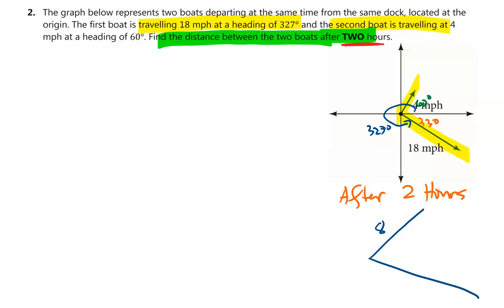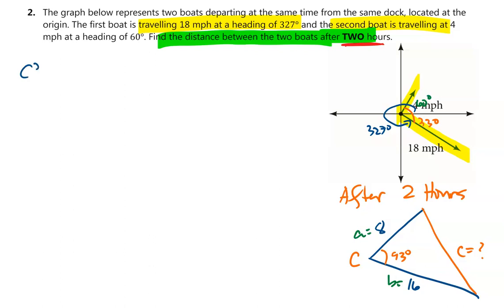Then here, instead of 18, that's going to be 16, and we want this. Let's say this is our C. So this angle C is 60 plus 33 degrees, which is going to be 93 degrees. Okay, so let's say this is our A and this is our B.